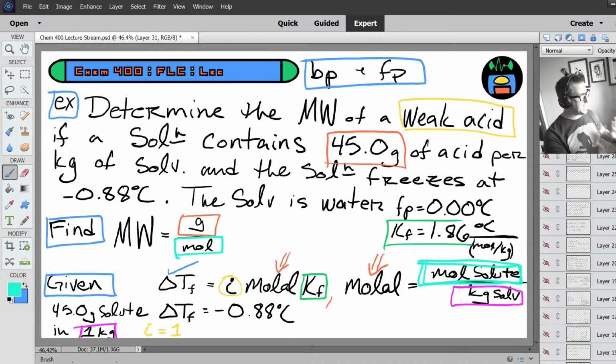All right, so we actually have everything we need to solve this problem. We just have to do some algebra to figure it out.